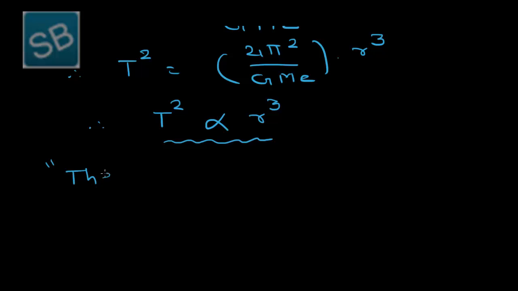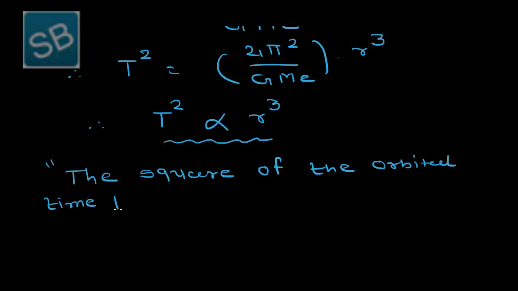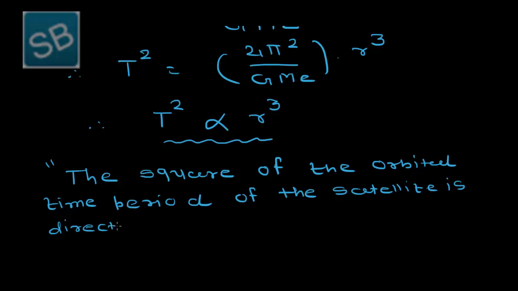Then the square of the orbital time period of the satellite is directly proportional to the cube of the orbital radius.